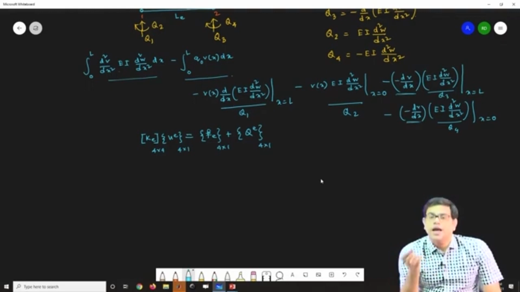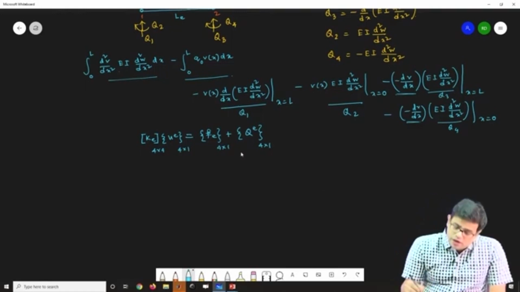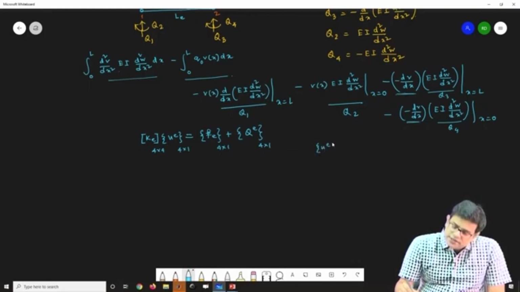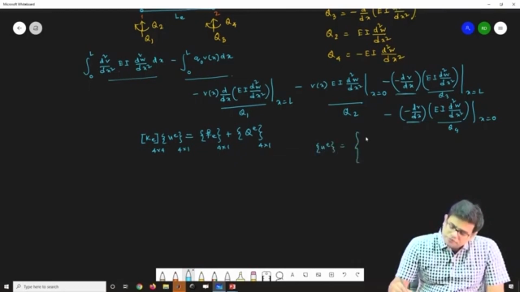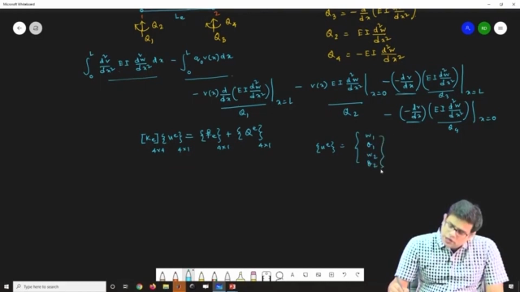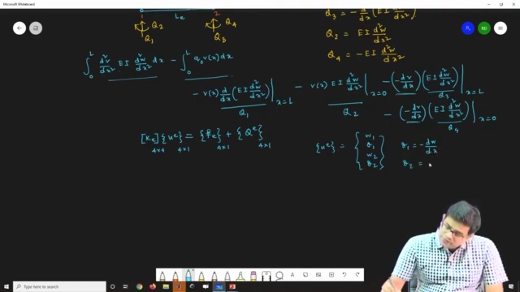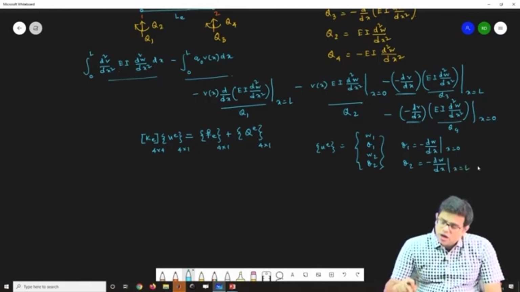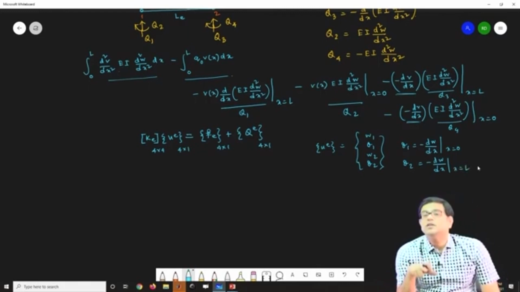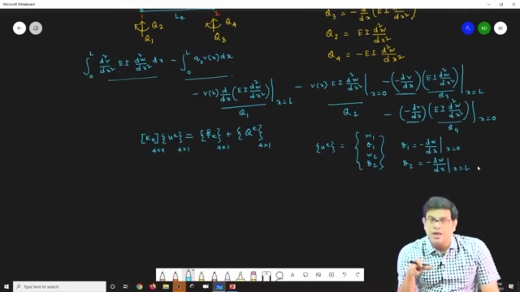For instance, with 4 boundary conditions, UE is W1, theta 1, W2, theta 2, where theta 1 is minus dw dx at x equals 0, and theta 2 is dw dx at x equals L. I need interpolation of these quantities, which I cannot get from the Lagrange polynomial.